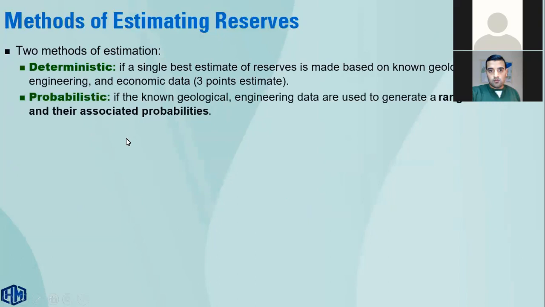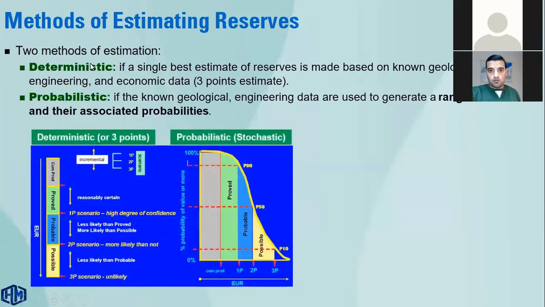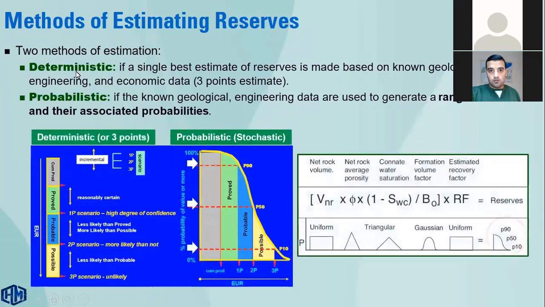We typically have two different techniques for calculating or estimating reserve. The first one is the deterministic approach. Deterministic simply means we have a single value of the input parameter used in the calculations. The input parameters typically are geological and engineering data.